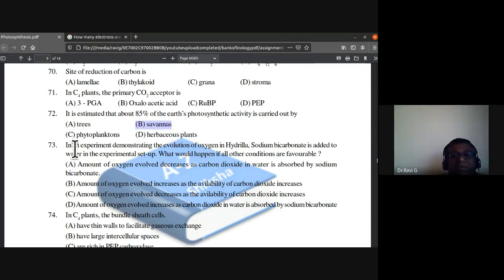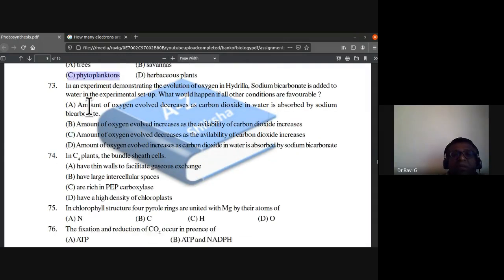Let me cross-check that. Maximum 85% of the Earth's photosynthetic activity is carried out by the phytoplanktons in the sea, the oceans.